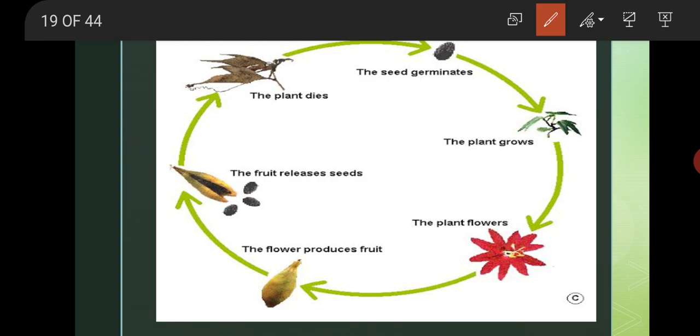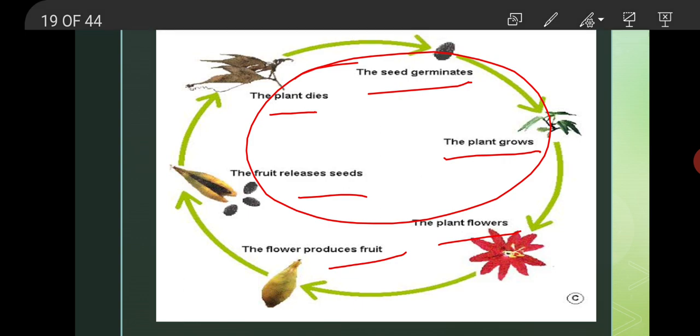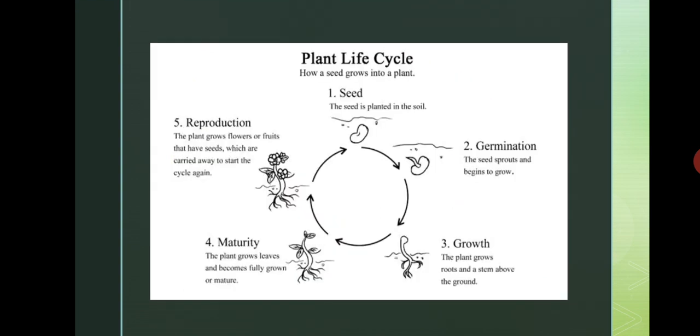First, the seed germinates. Next, the plant grows, the plant gives flowers, the flower produces fruit, the fruit gives seeds, then the plant dies, then the seed germinates, again the plant grows, again the plant gives flowers, again the plant produces fruits, again the fruit releases seeds. Thus the cyclic process occurs, and we say that this is the life cycle of a plant.